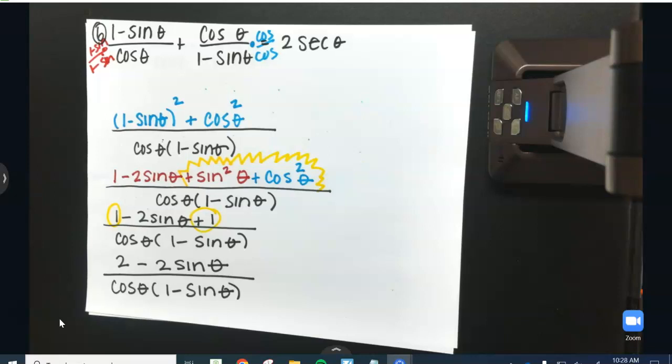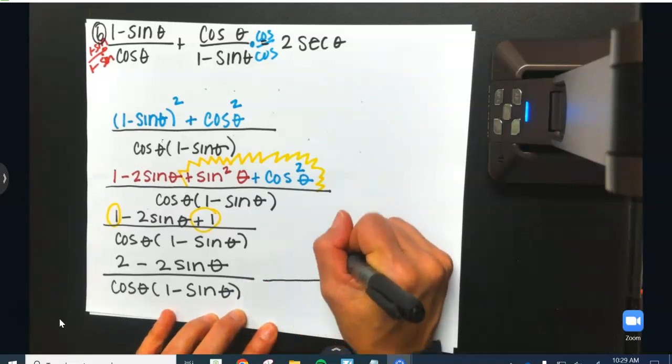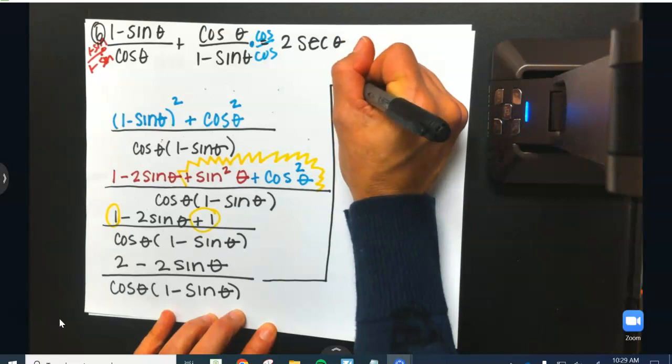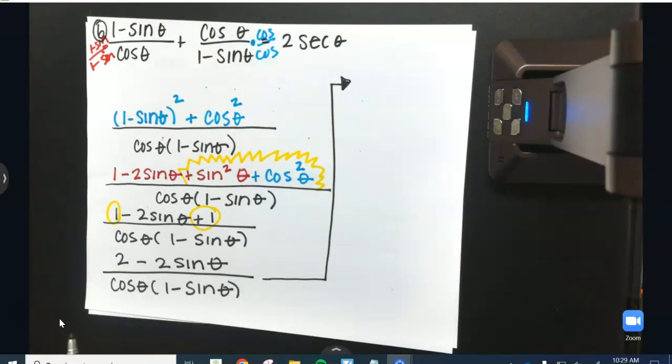I don't know. What can I do? Like, nothing cancels out yet. I might have to start over. But look at the numerator. Did we write anything twice? Let's factor out the 2. Maybe we can keep going.